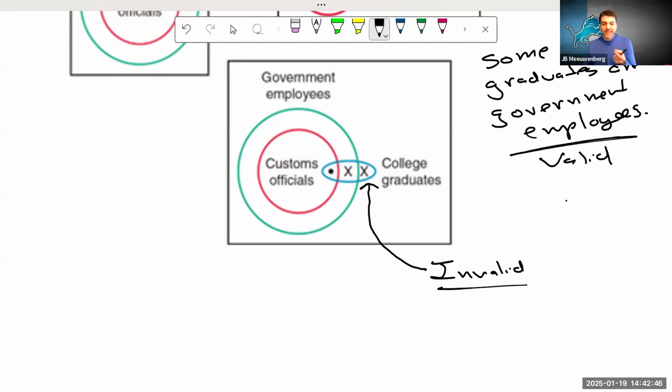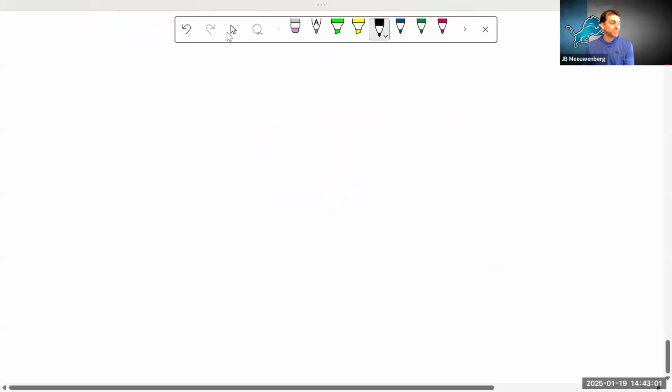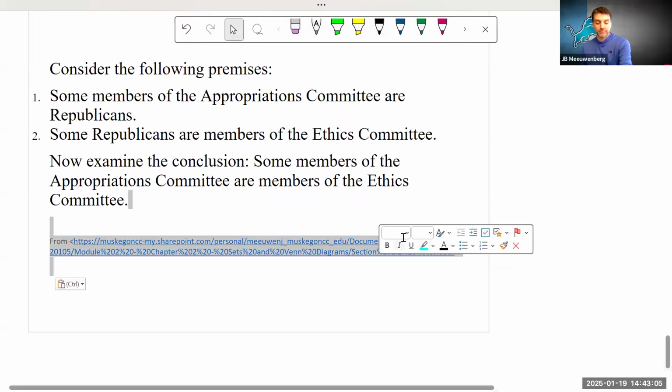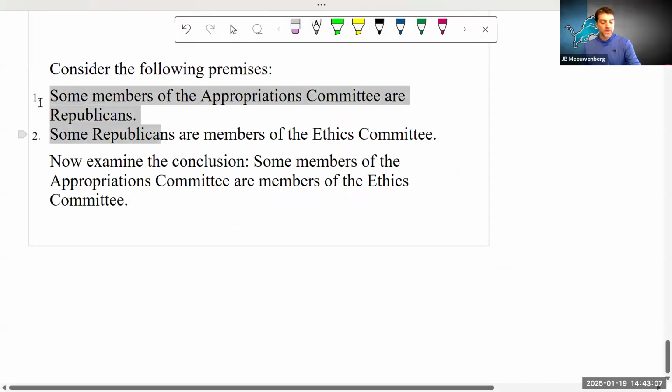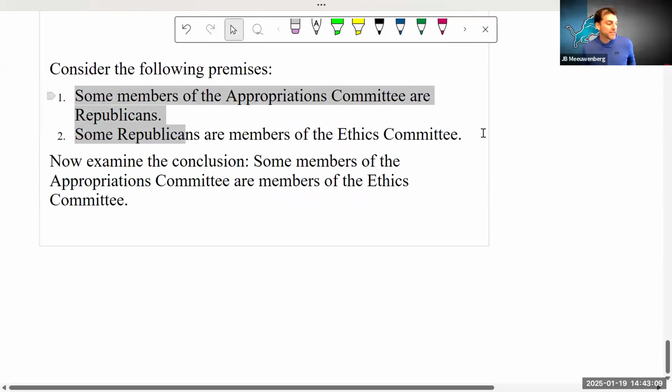So extending that idea, I'm going to give you a couple of premises and then a conclusion. And your job is to examine that conclusion and say, is this conclusion valid or is it invalid? So here are two premises. Some members of the Appropriations Committee are Republicans.